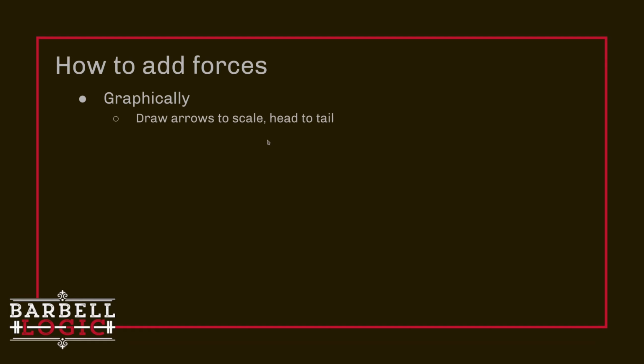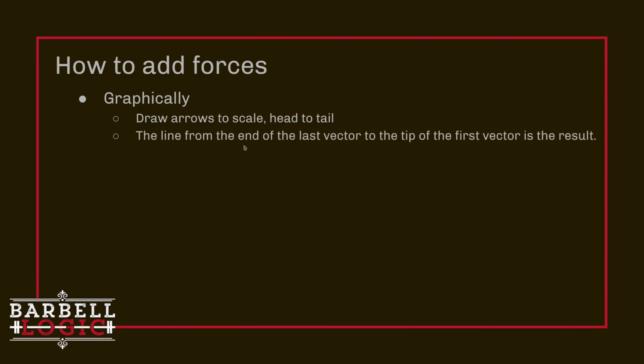So you'll have to pick a scale and then make, say, a 50 Newton force 50 units long on your graph paper. And you'll do it head to tail, and you draw the next one with its tail next to the head of your first vector. And the line from the end of the last vector to the tip of the first vector is the result.